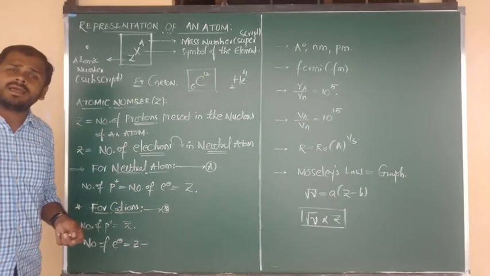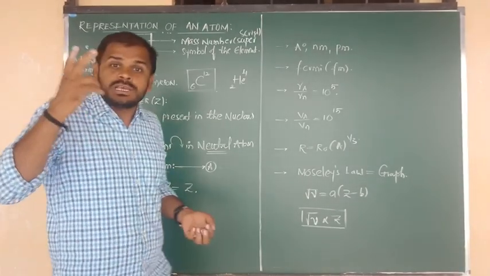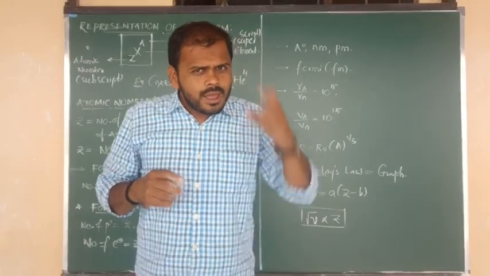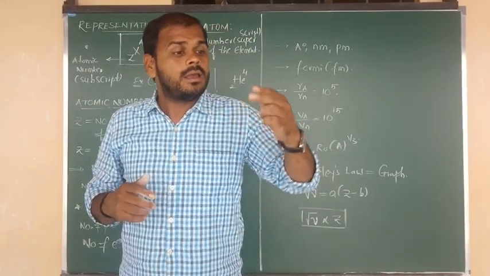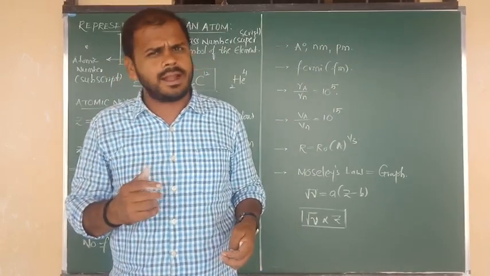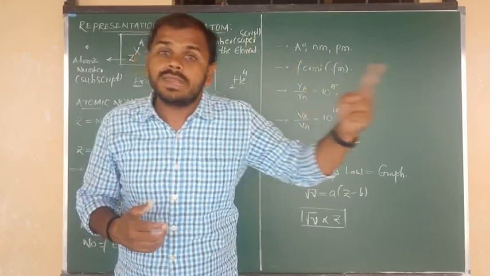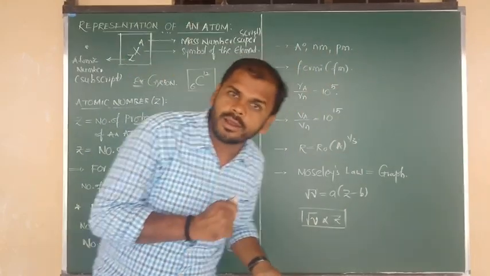What is meant by cation? A positively charged species. For example, Mg plus 2 means it loses 2 electrons. For Al plus 3, Al loses 3 electrons. Okay?